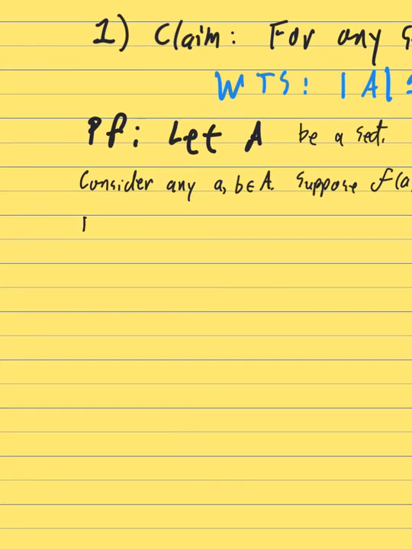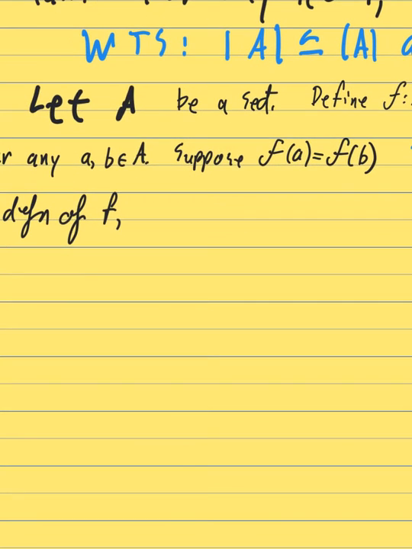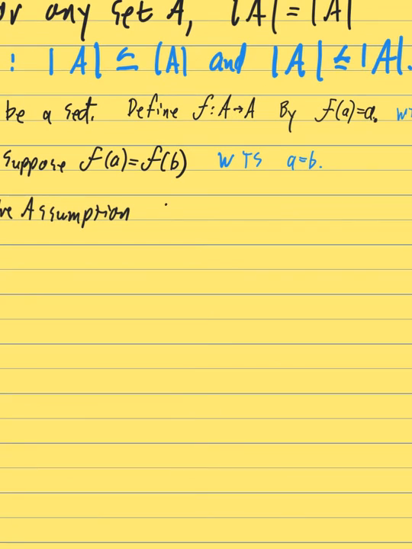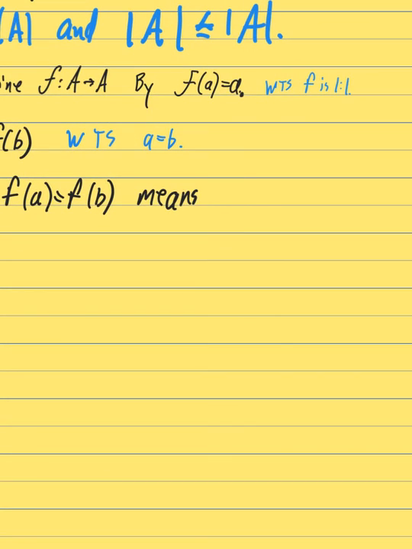Well, let's see. By the definition of f, the assumption f of A is equal to f of B means A equals B. Oh wait, that's what I wanted to show.